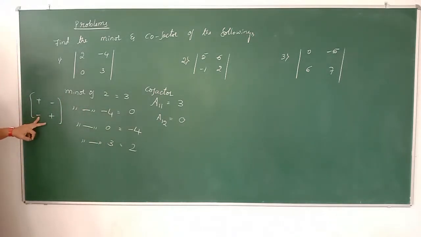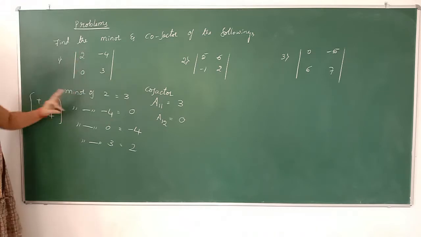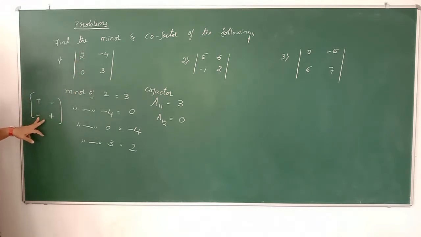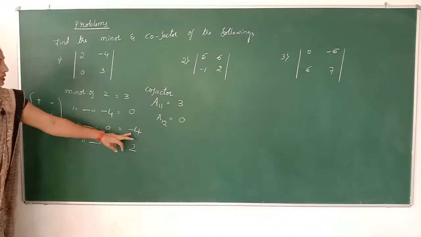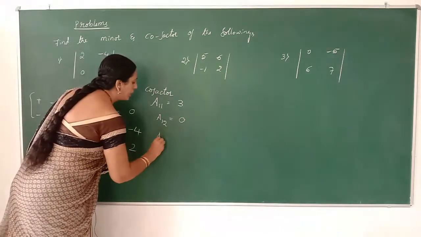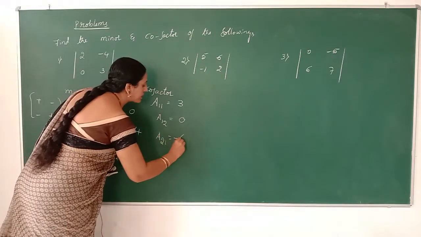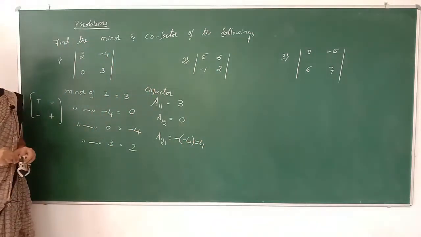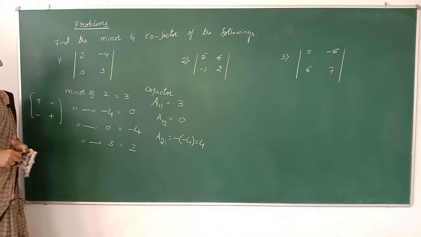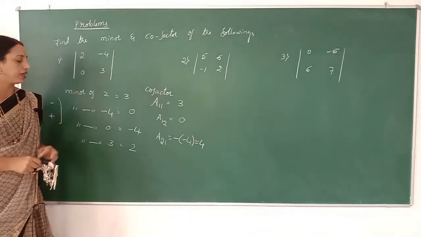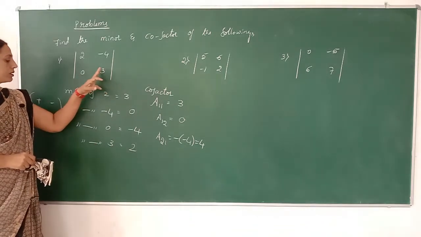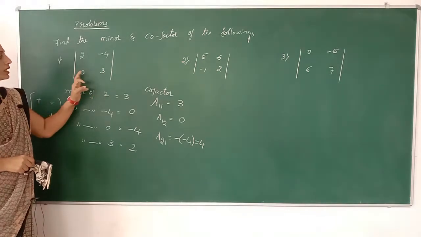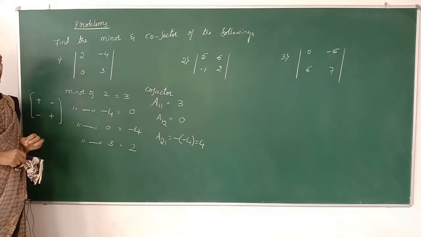Then the third one is the second row, first column. The sign of the determinant is minus, that is multiplied with the minor, so A21 is minus of minus 4, it will be equal to plus 4. Minus of minus 4 is plus 4. And the last element is 3, whose minor is 2. 3 is an element of the second row, second column.